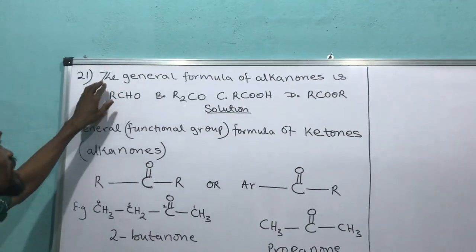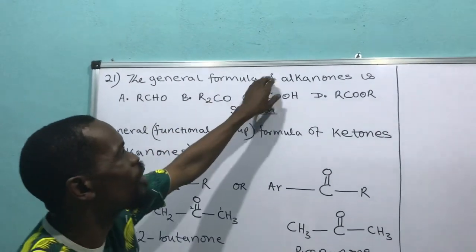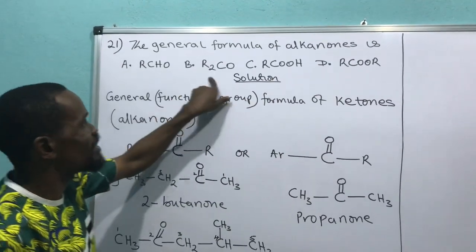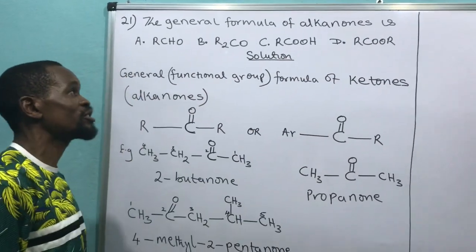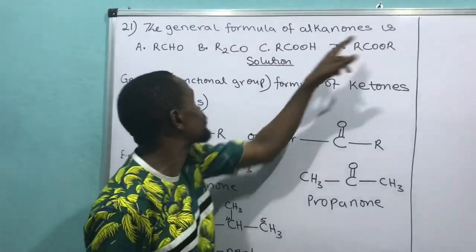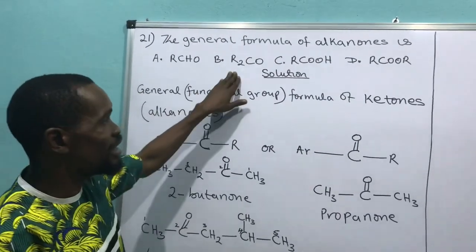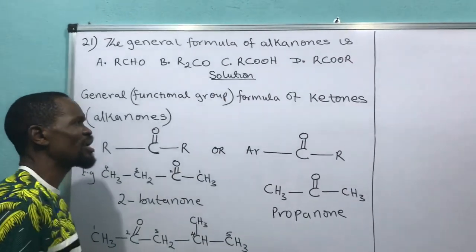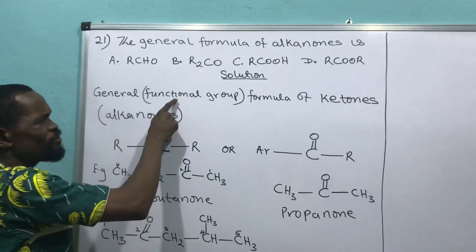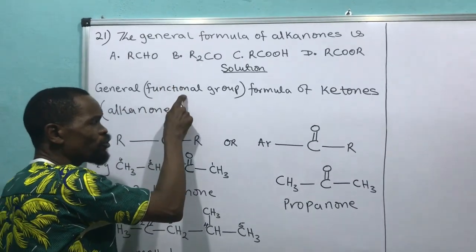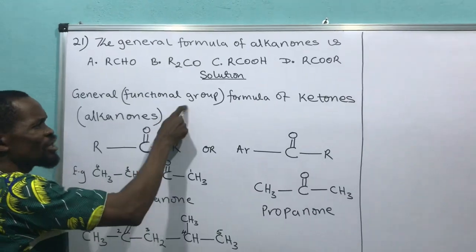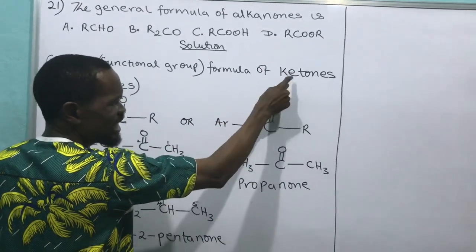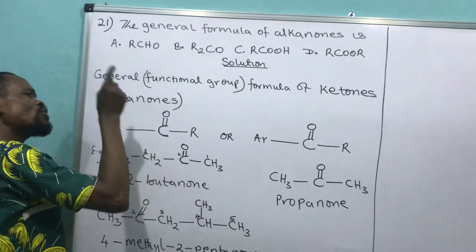Question number 21 says the general formula for alkanones is this, or this, or this, or this. These are the options they give us. We go straight to the solution. The general or functional group, or what we call the formula of ketones or alkanones.